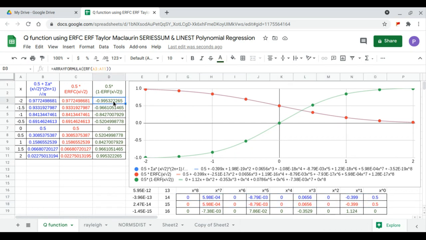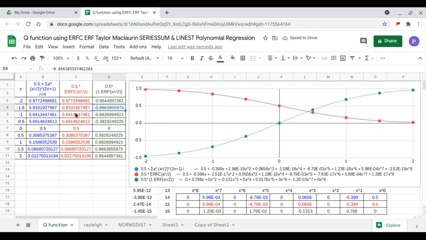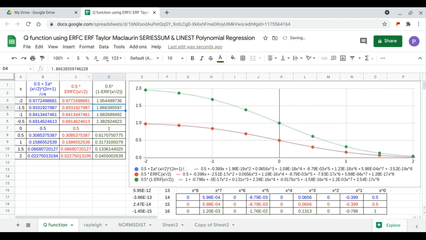We continue with the error function. Again, there's a square root of 2, so that's divided by square root of 2. And then we factor in 1 minus ERF. Then we multiply 0.5 to the whole expression.